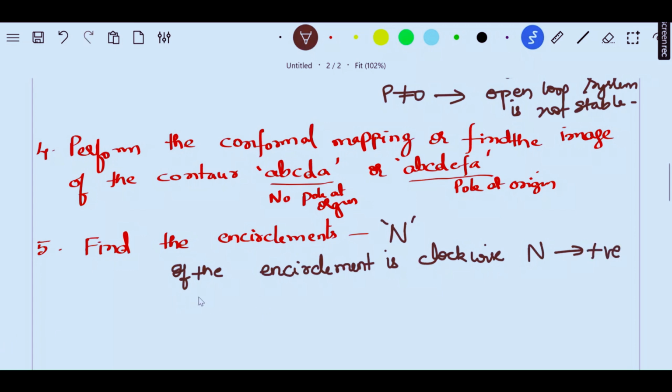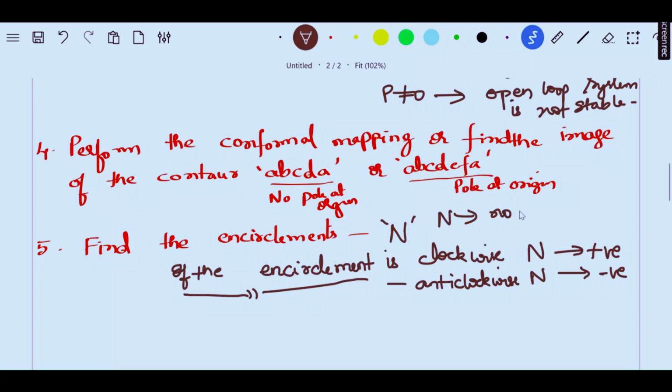If the encirclement is anti-clockwise, then the encirclement value is negative. And the value of N depends on the number of encirclements.